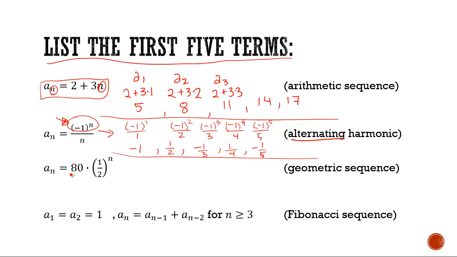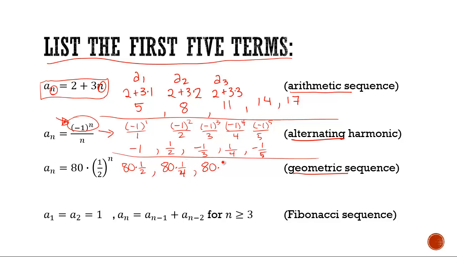All right, let's continue. So now, this first one was an arithmetic sequence because it was adding, and geometric is when it's multiplying by something constantly. So what happens here? First term is going to be 80 times a half to the power of 1. Next term is going to be 80 times a half to the power of 2, which is 1/4.